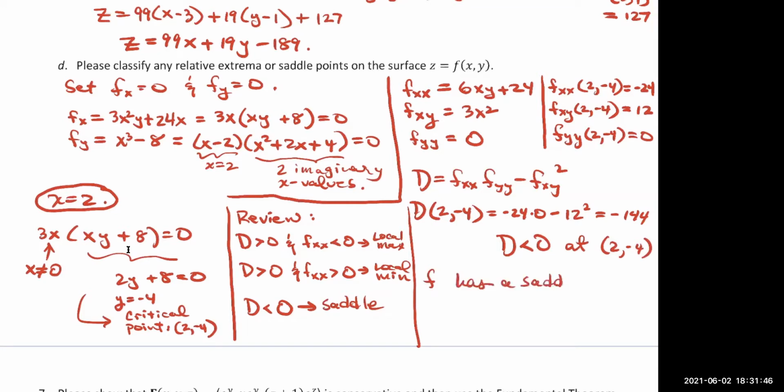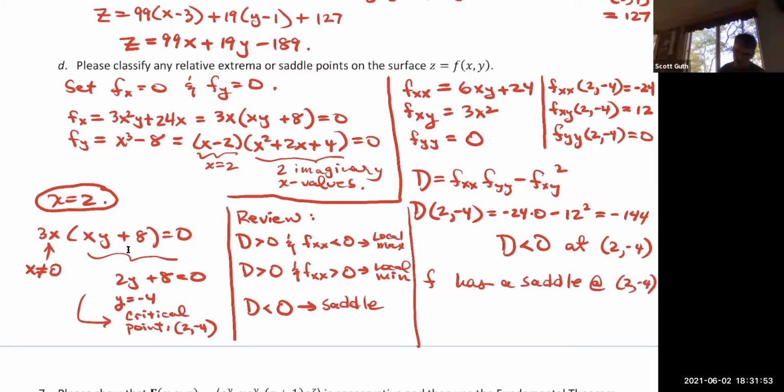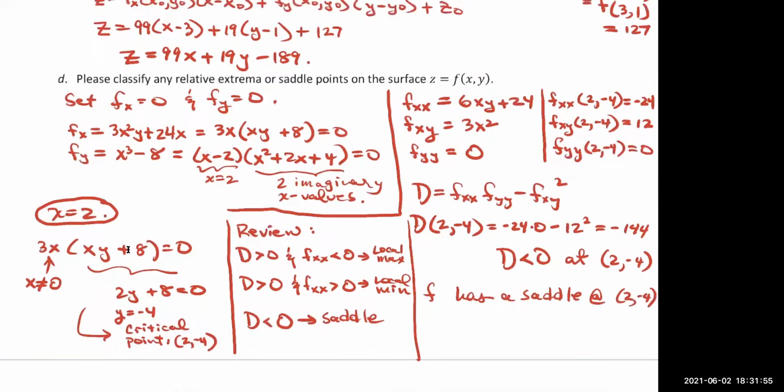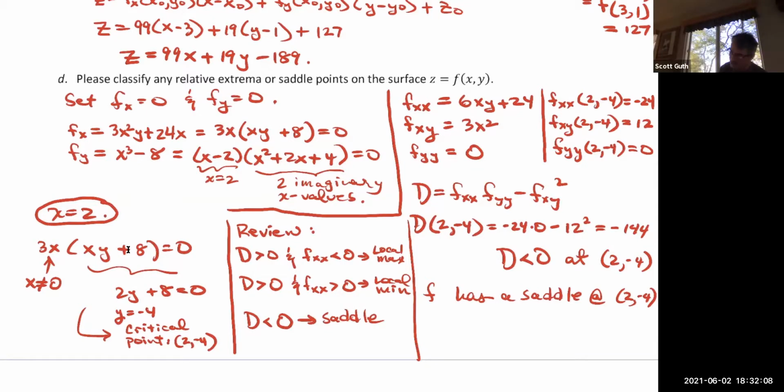Professor? Yeah. I think the 12 doesn't have the square. Wait, say that. I didn't understand. Yeah, the D at (2, -4) and then -24 times 0 minus 12. The 12 doesn't have a square, I think. So are you talking about this right here that I've just circled?